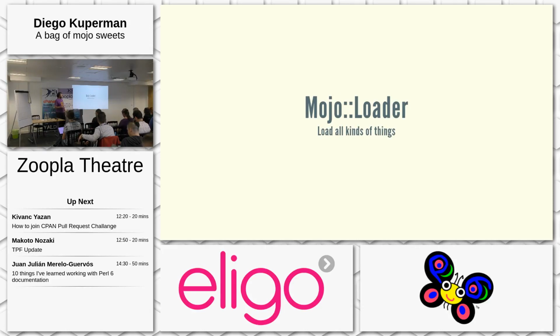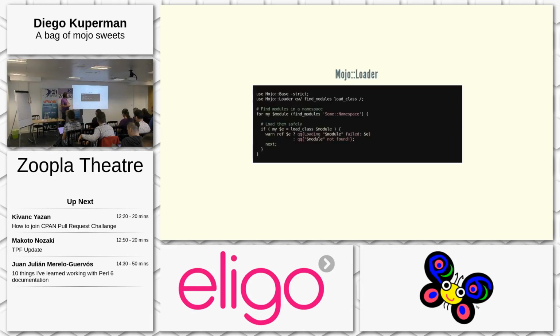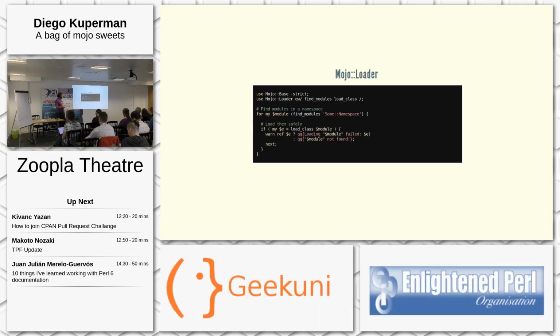Then there is Mojo loader, and guess what? It lets you load things. The common use case for this is to find modules in a namespace and to load them, right? As you would use Class::Load or some other package like that, but this is included with Mojo and with a nice syntax. So in this case, I will get all the submodules of some namespace, and then I will try to load them.